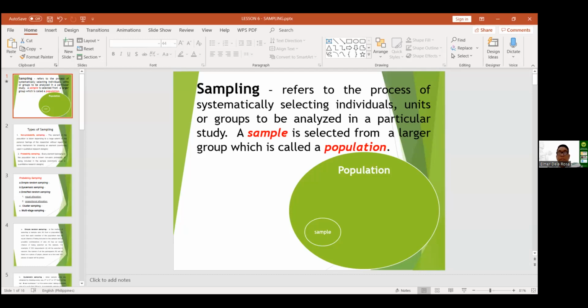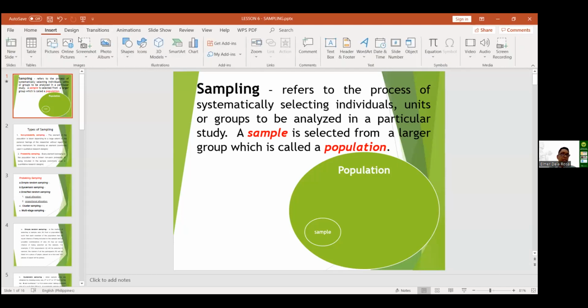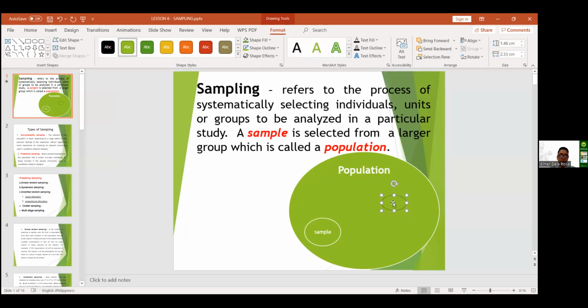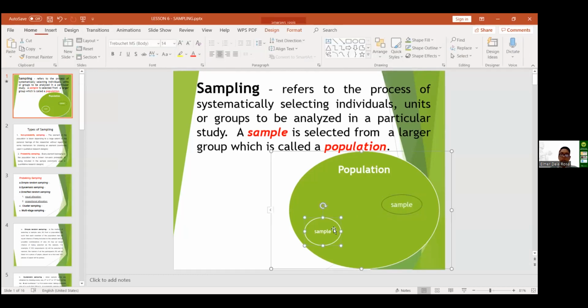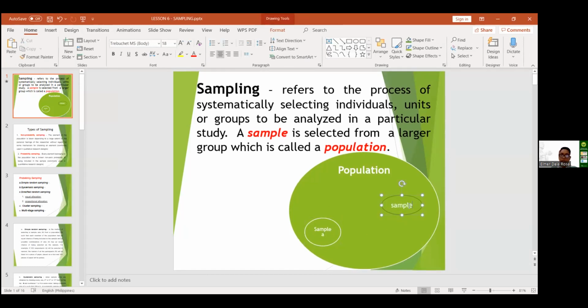Ang ibig sabihin nito, kahit kumuha ulit ako ng panibago dito, pag kumuha ulit ako ng sample dito, ito ulit yung sample ko, my assumption is, kung ano yung nakuha ko ditong result sa sample A, dapat pag inulit ko yung study at kumuha ulit ako ng panibagong sample B, the assumption is 95% confident ako na parehas ang resulta.